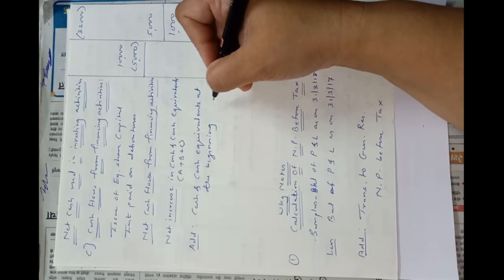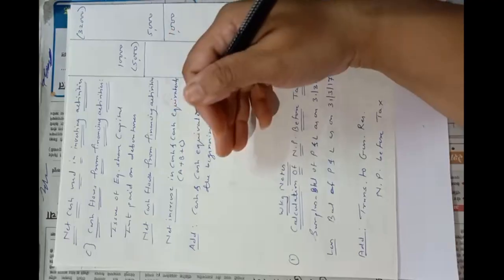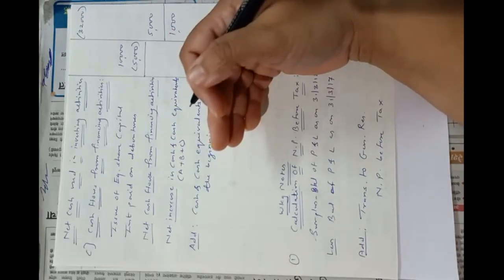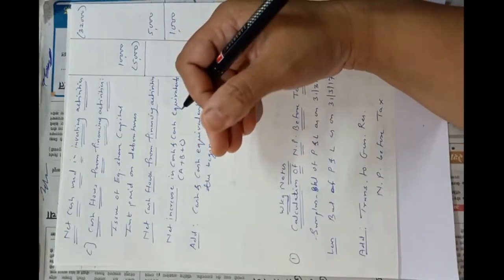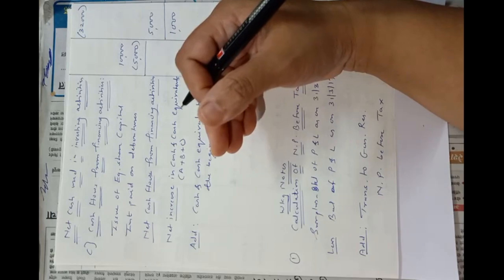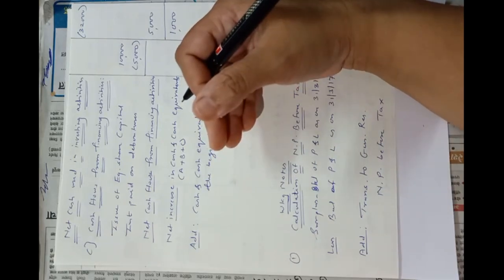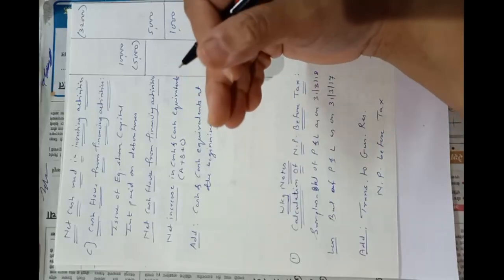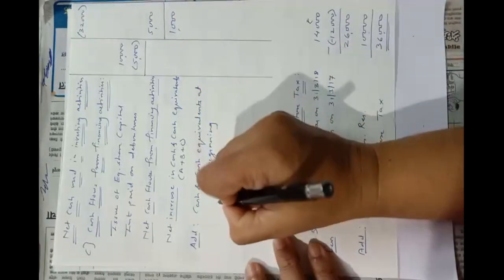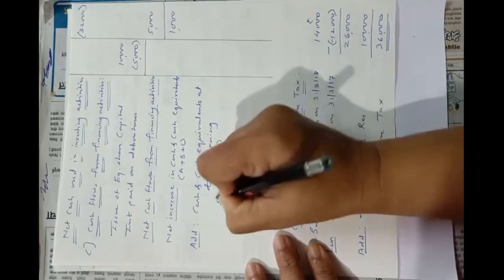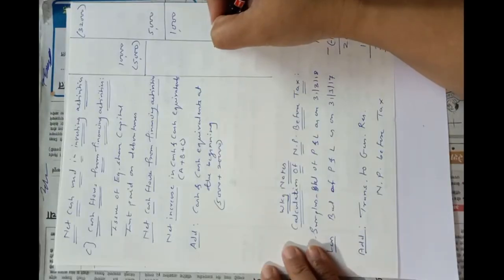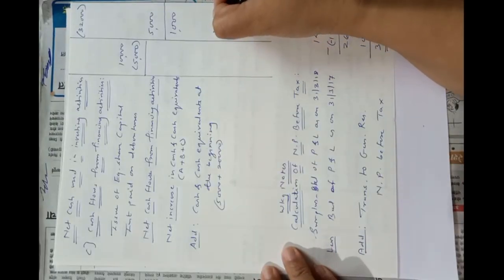Okay, and current investment, as per CBSE guidelines, current investment is considered as part of cash and cash equivalents. So current investment on 31st March 2017 is 20,000, cash 5,000, current investment 20,000. So 5,000 plus 20,000. So at the beginning cash and cash equivalents were total 25,000. So let us add 25,000.